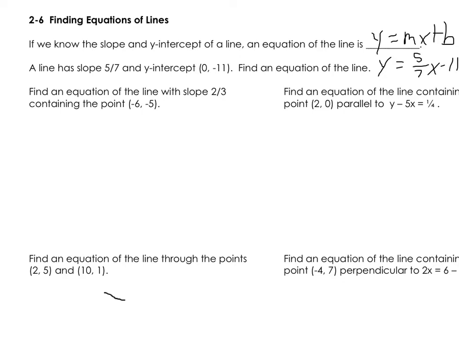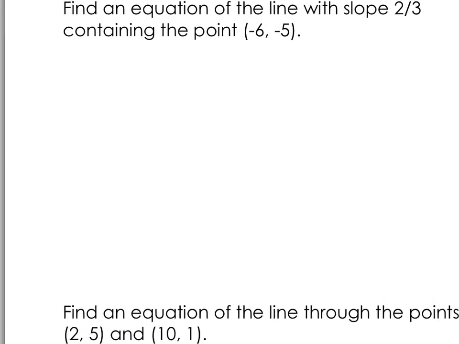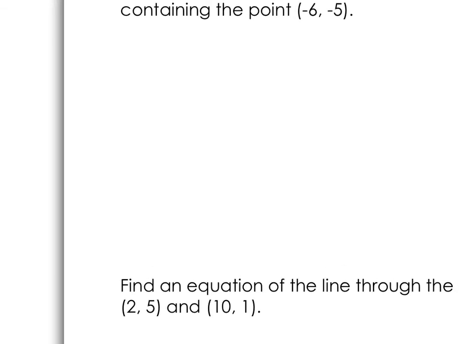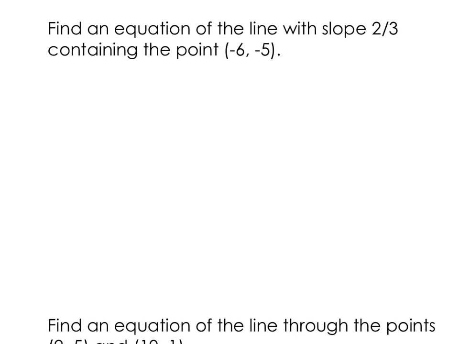So now we want to find the equation of the line with slope 2/3 that contains the point (-6, -5). So we know the slope is 2/3. Our equation is y equals mx plus b, so it's y equals 2/3 x plus b. We don't know what the y-intercept is.